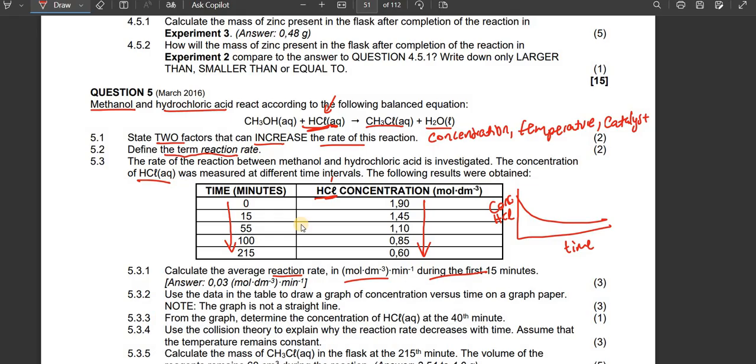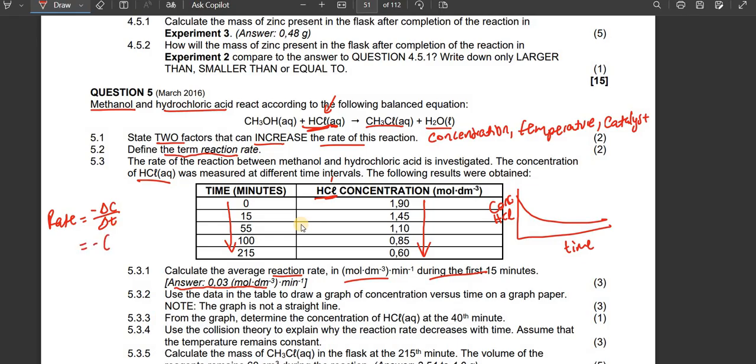Now this is what we need to know now. I'm going to say, this document has answers there, guys, but it only gives you the final answer. So you must see how you get to that answer. When you calculate rate, since we're talking about concentration and it's a reactant, it's important to know that it's a reactant. So you're going to say minus change in concentration over change in time.